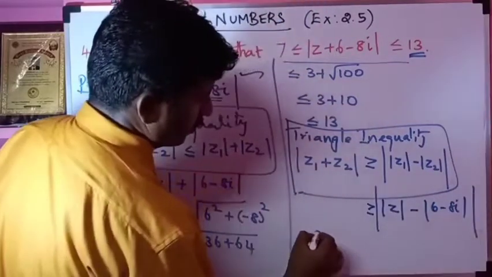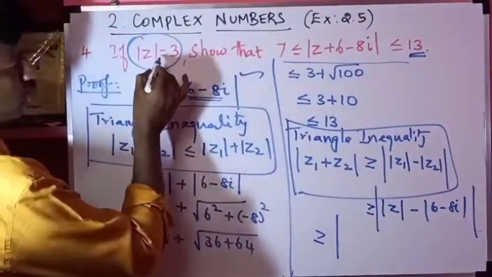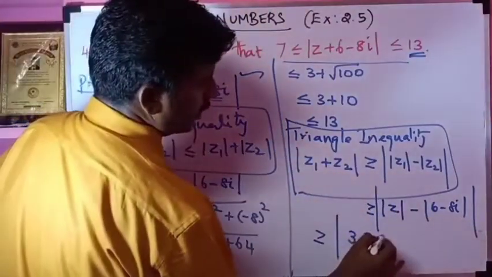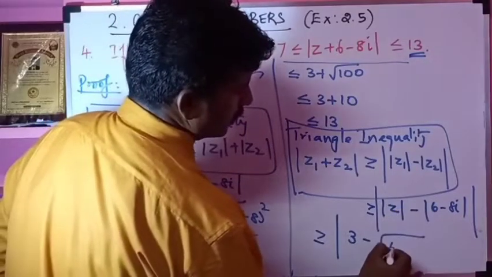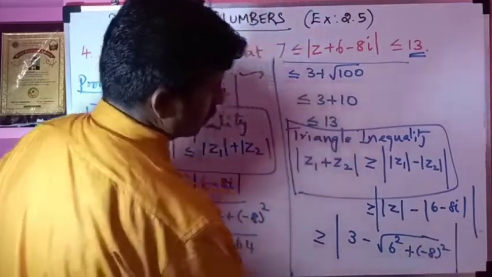The modulus z is equal to 3 minus the root of 6 square plus minus 8 the whole square.